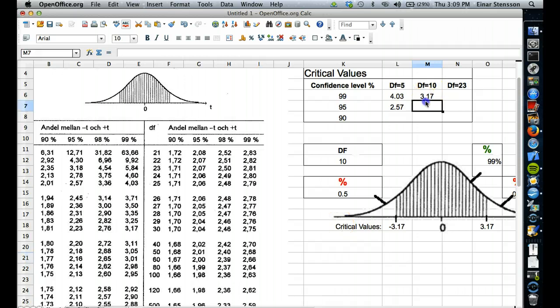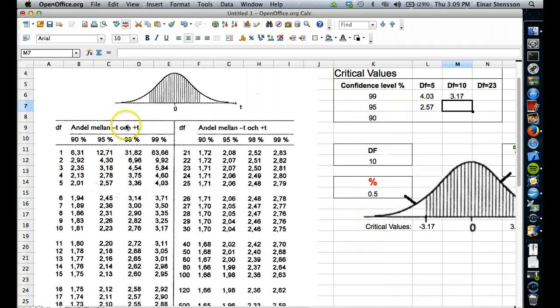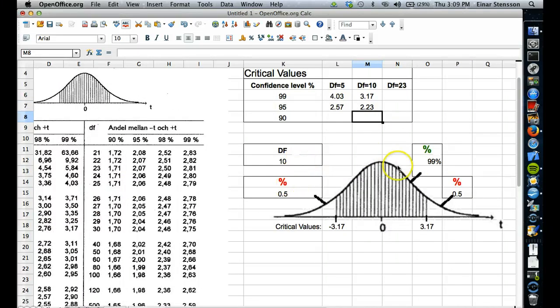If we go then to the 95% confidence level, we go down to row number 10 for 10 degrees of freedom, and the column with 95%, and I get 2.23, so my new critical value is 2.23. It changes the confidence level, so I write 95% there, and I write 100 minus 95 divided by 2, and get 2.5% in this tail.